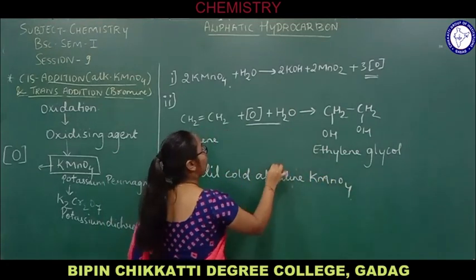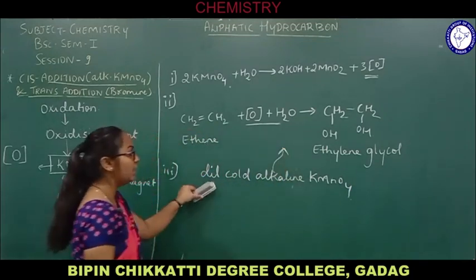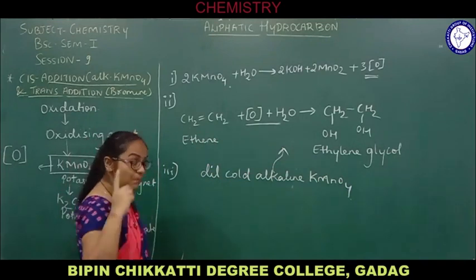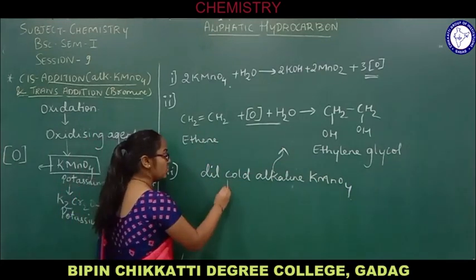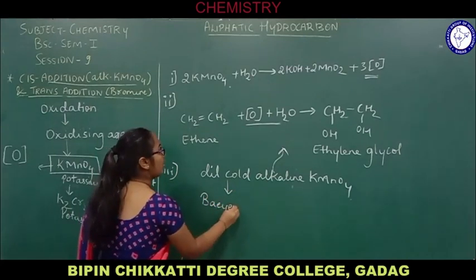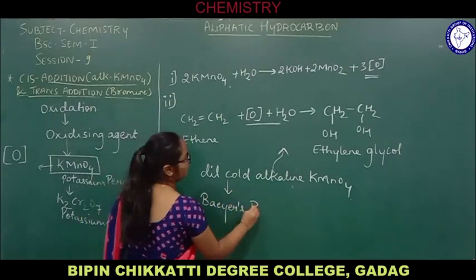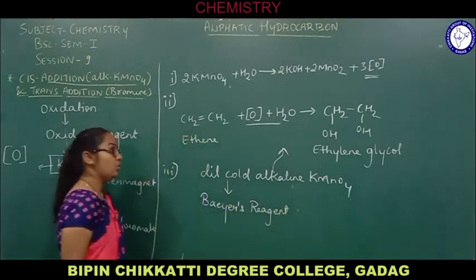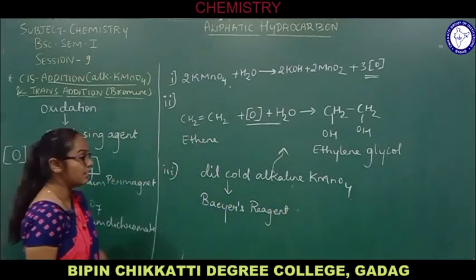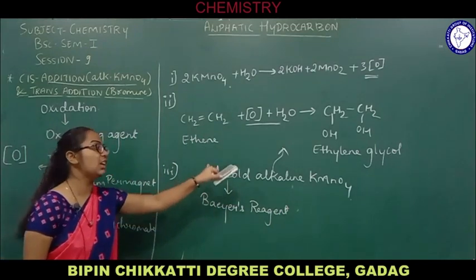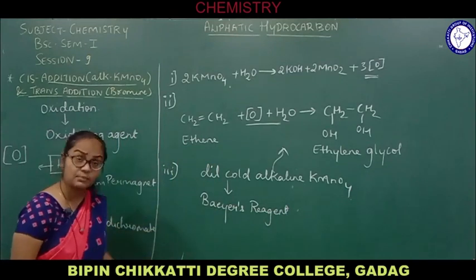So this dilute cold alkaline KMnO4 has one particular name, which is called Baeyer's reagent.